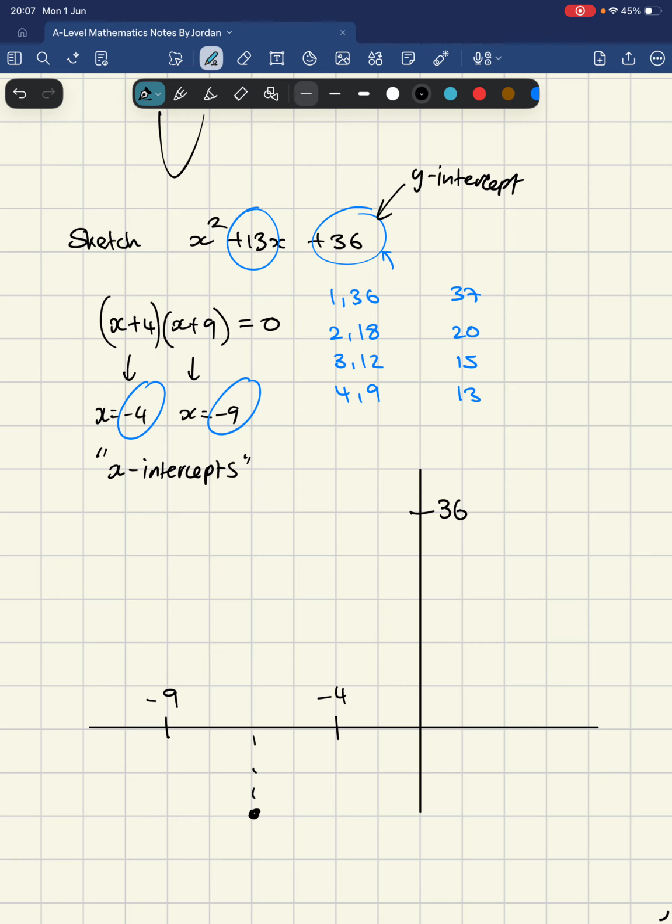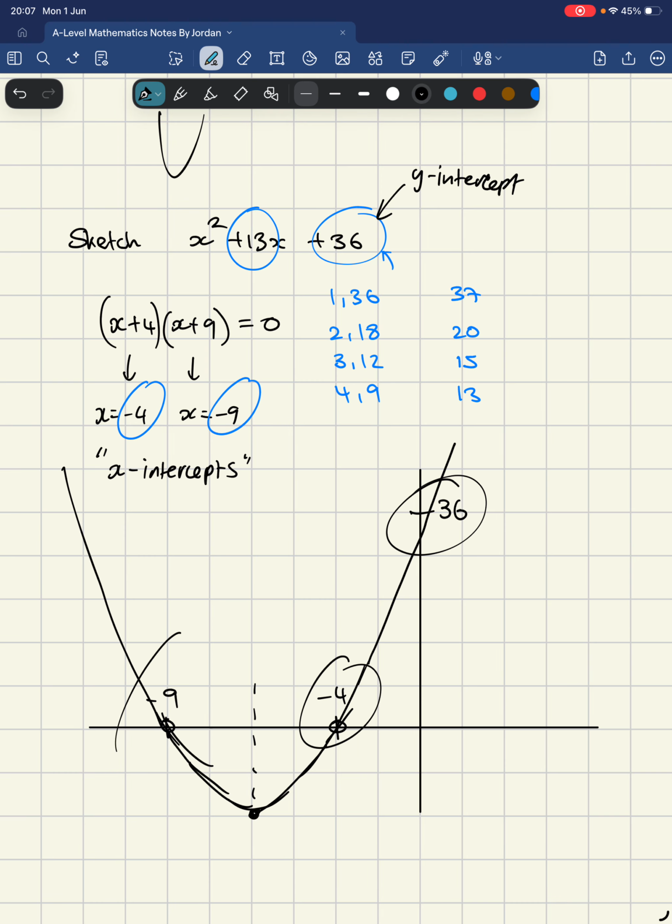It should always be symmetrical down the middle, and it should go through these 2 points here, forming a U shape. So just like that, through the minus 4, and it also has to go through this 36 here. So through that, and then carrying on up, that's your 3 marks, and that's how you do it.